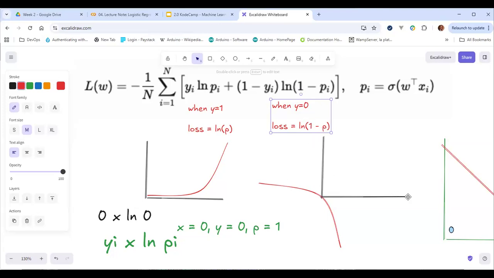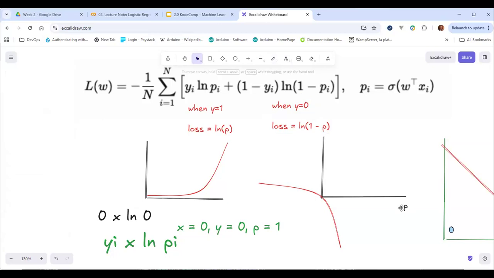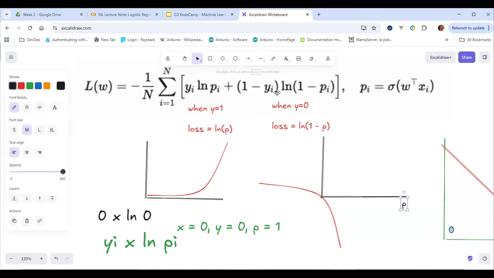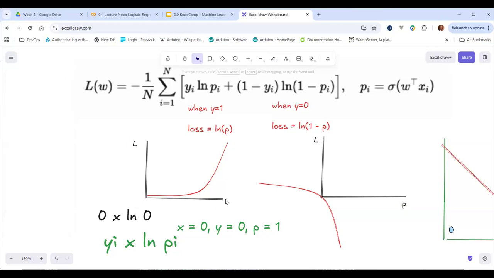Let me clarify: this is p, which is the prediction, and this is L, which is the cost function, or the loss function in this case, because we are just looking at a single data point.